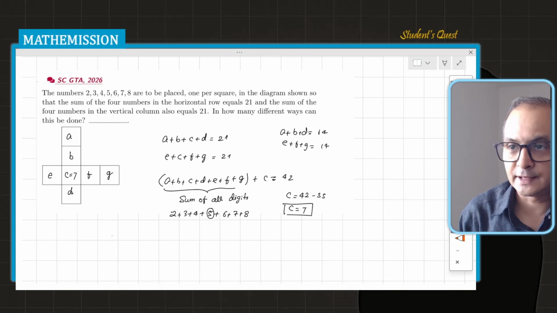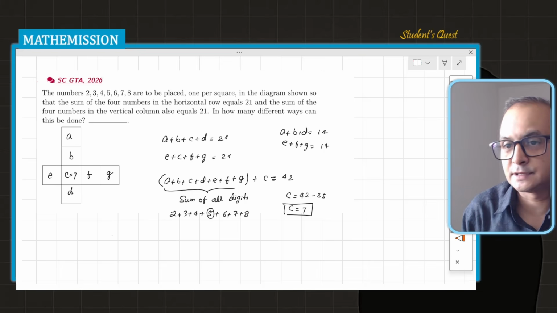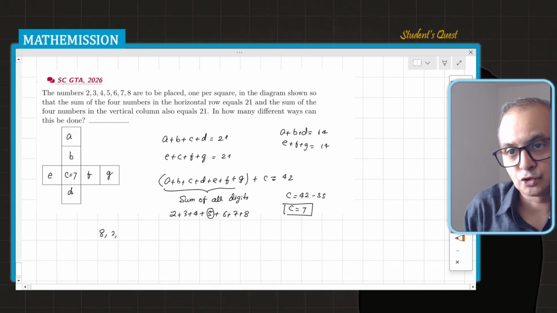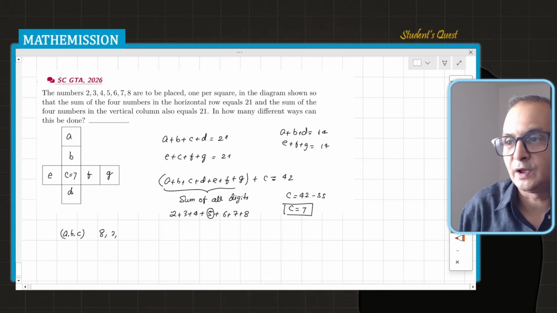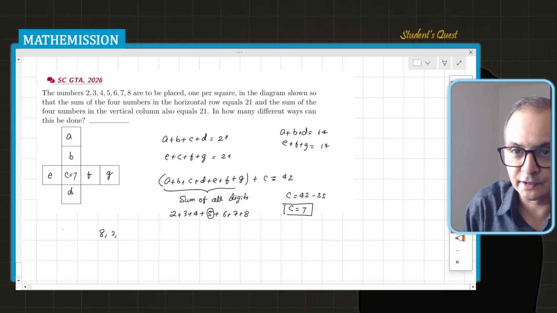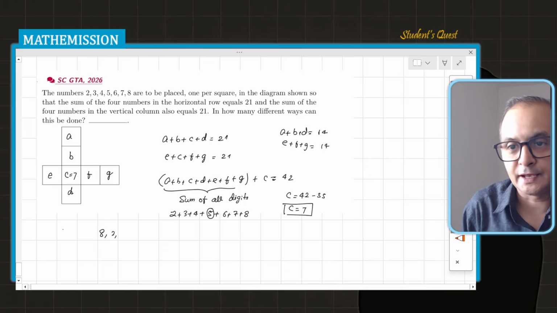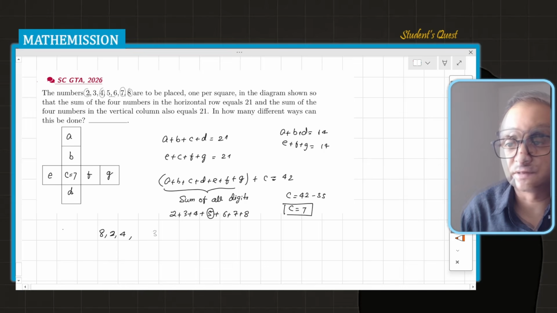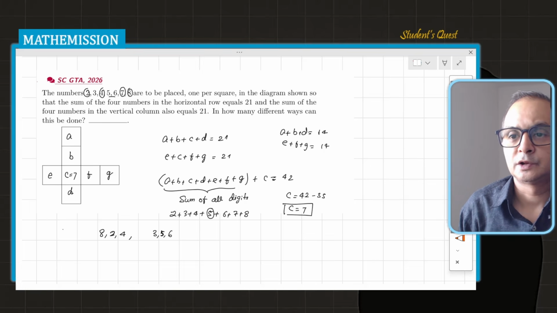So we can think that if I take 8, 2, and let's say this is ABD, because I can give them to anyone now. Let's say 8, 2, and 4. That is 14. And the remaining ones left out, other than 7, are 3, 5, and 6. That is also 14.